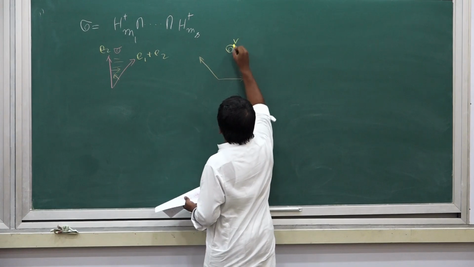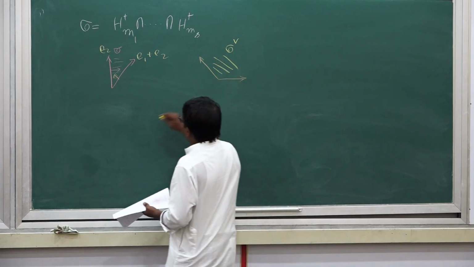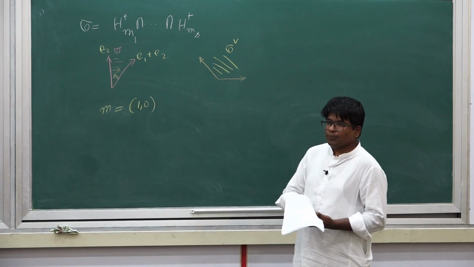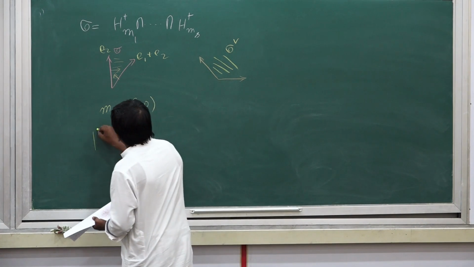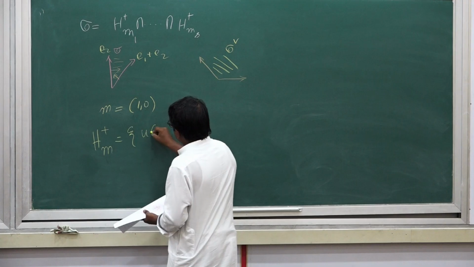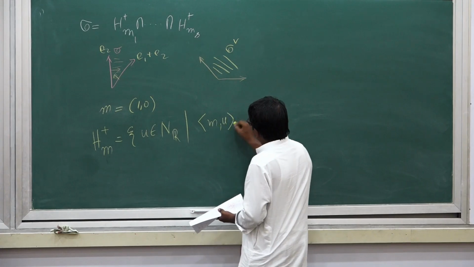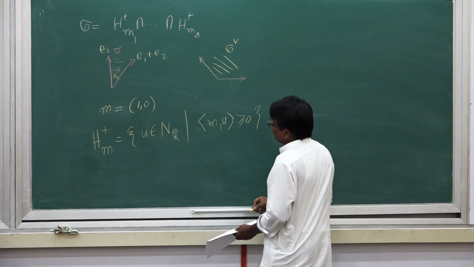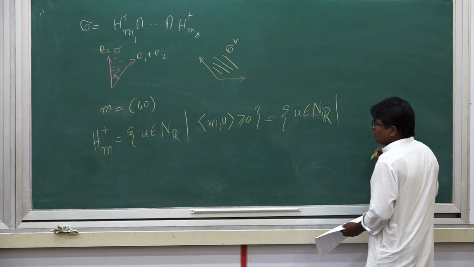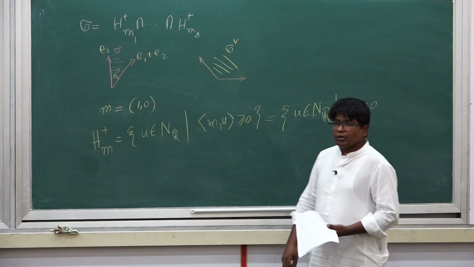So, that is your sigma dual, and note that if I take m to be (1,0), okay, then H_m^+ would be all u belonging to N_R such that <m, u> is greater than or equal to 0, but that would mean all u belonging to N_R such that u1 is greater than or equal to 0, right.